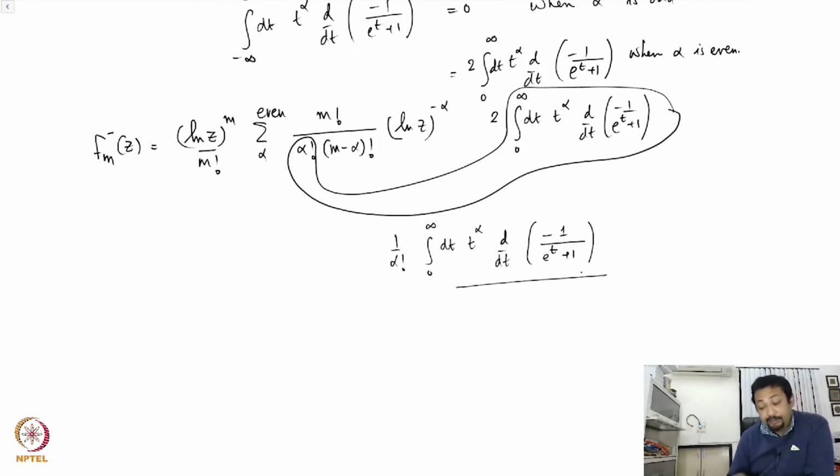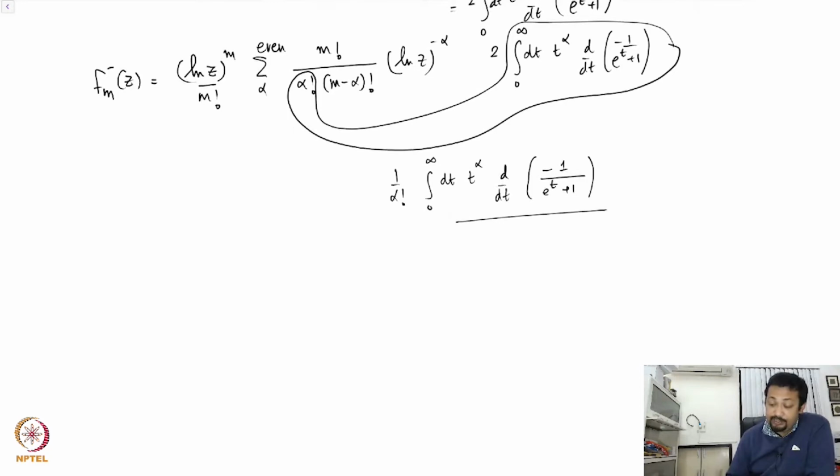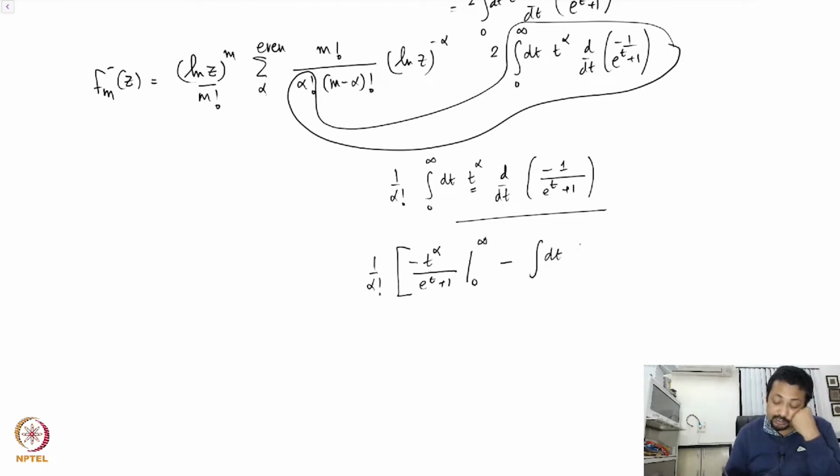I can integrate by parts this one again. So what happens if I integrate by parts? I can take this as the first function, so that you have t to the power alpha, then the integral of dt gives you minus 1 over e to the power t plus 1, from 0 to infinity, then you have minus dt, the derivative of this is t to the power alpha minus 1, and then you have essentially minus 1 over e to the power t plus 1.